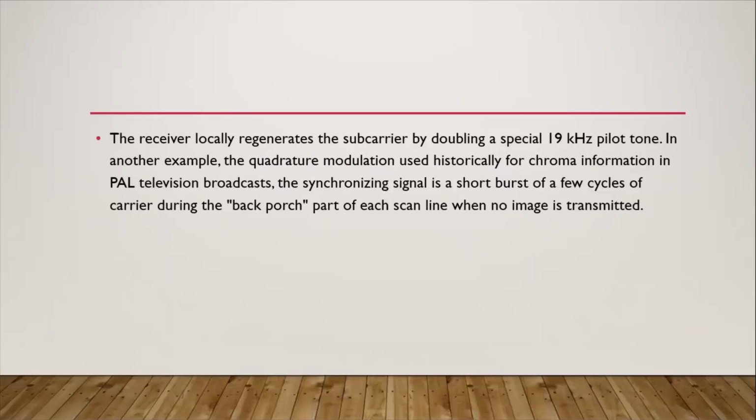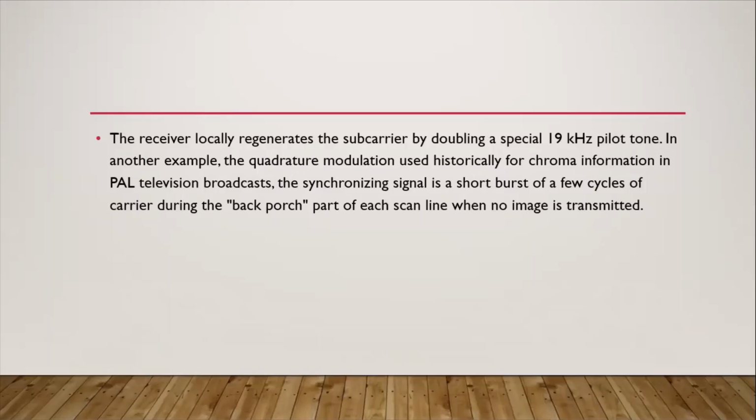In another example, the quadrature modulation is used historically for chroma information in PAL television. Okay, para sa mga television natin na ginagamit na condition or settings na naka-PAL television broadcast, gumagamit tayo doon ng quadrature modulation para sa mga chroma information ng PAL television broadcast.